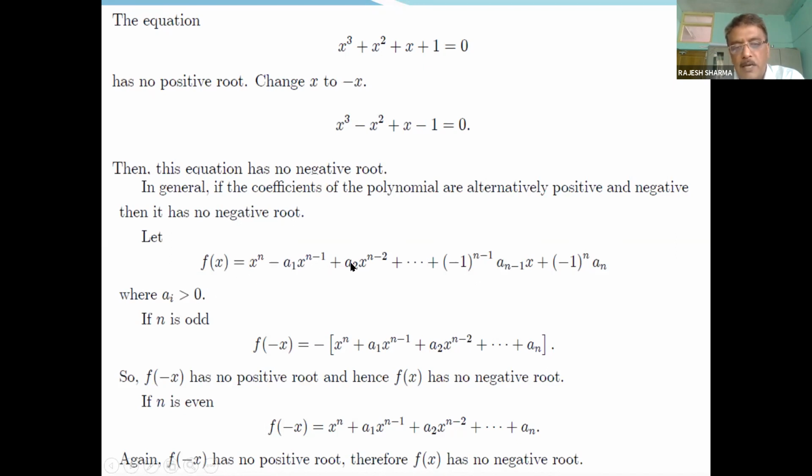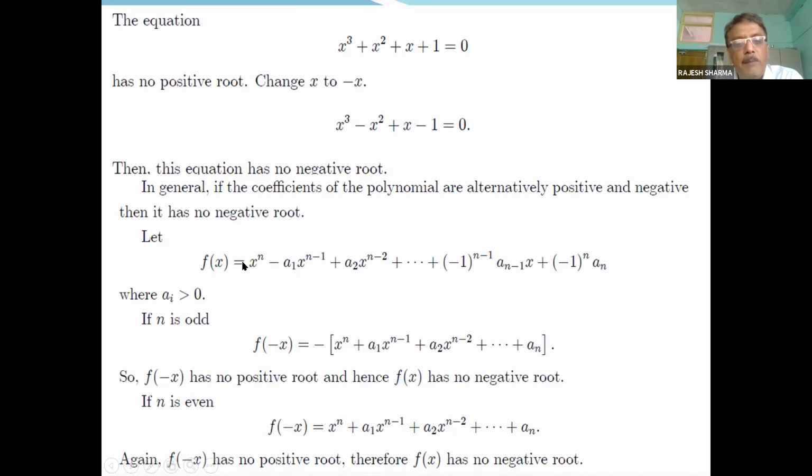If some coefficients are 0, we can consider them either positive or negative; still this holds, that the equation has no negative root. Now, for example, if n is odd, then we can write f of minus x is equal to minus x power n.